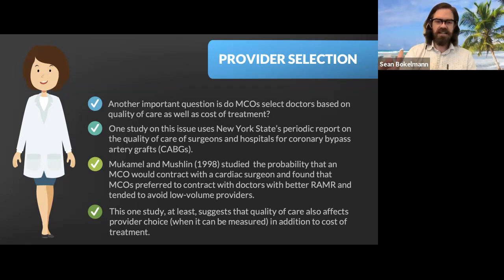But this study, at the very least, suggested that the quality of care can also affect the choice of provider by the insurance plan, as well as the cost of treatment. So there is some sort of interaction going on. Not only are they searching for low cost providers, but the insurance plan also cares about quality, right? When they're selecting providers.